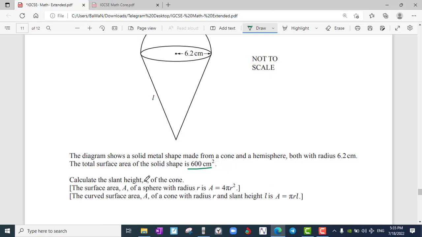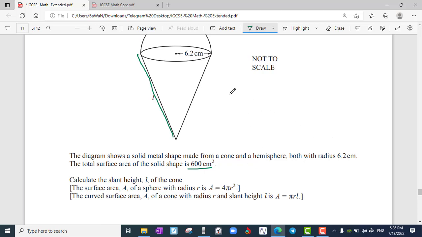Calculate the slant height, L. We need to find L. To find L, we need to find the surface area of the cone. To do this, we need to find the surface area of the hemisphere. This result minus 600, what's remaining is the surface area of the cone.